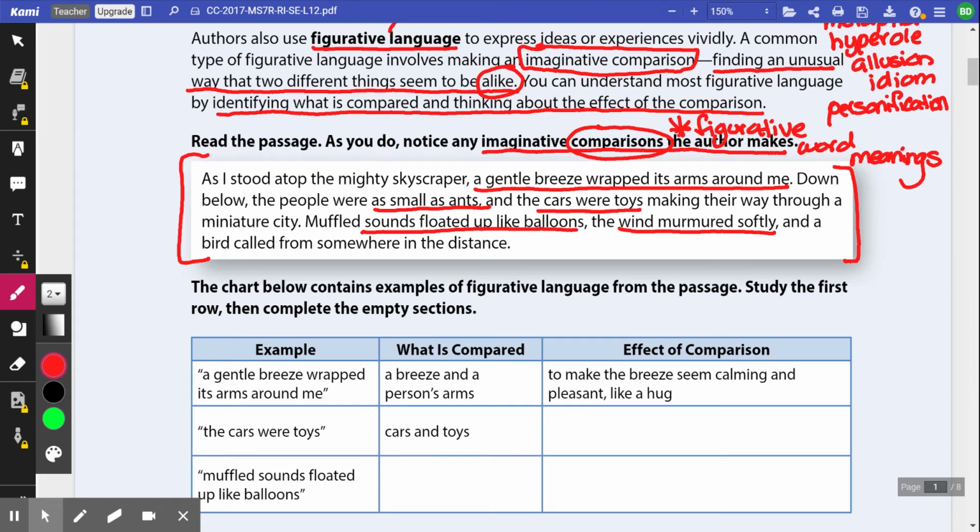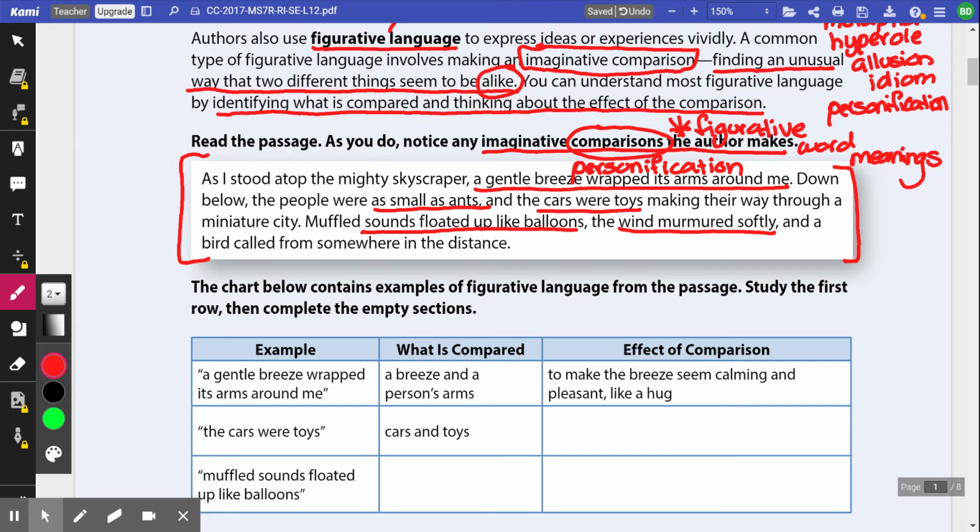So, I'll go ahead and tell you, if you're curious, this is personification. Personification is when you give human characteristics to something that is not human. So the breeze apparently is wrapping its arms around the narrator. Now, does a breeze have arms?